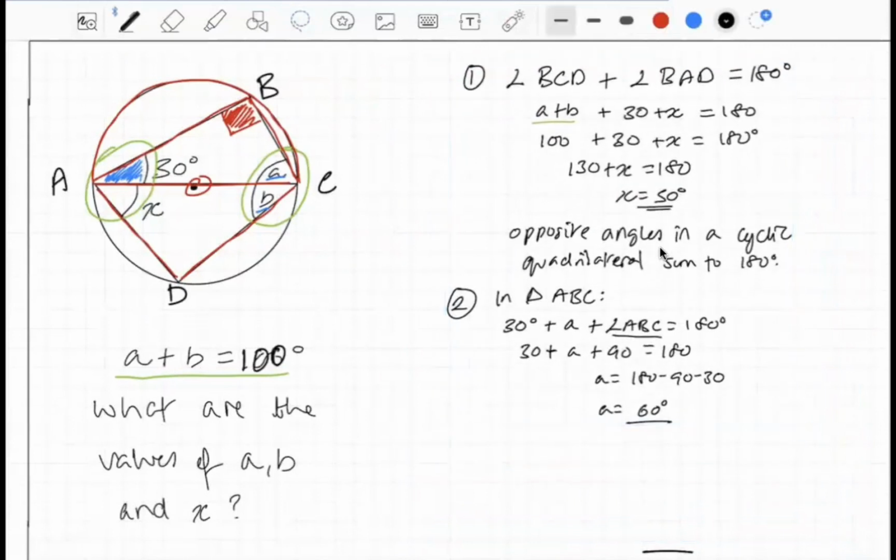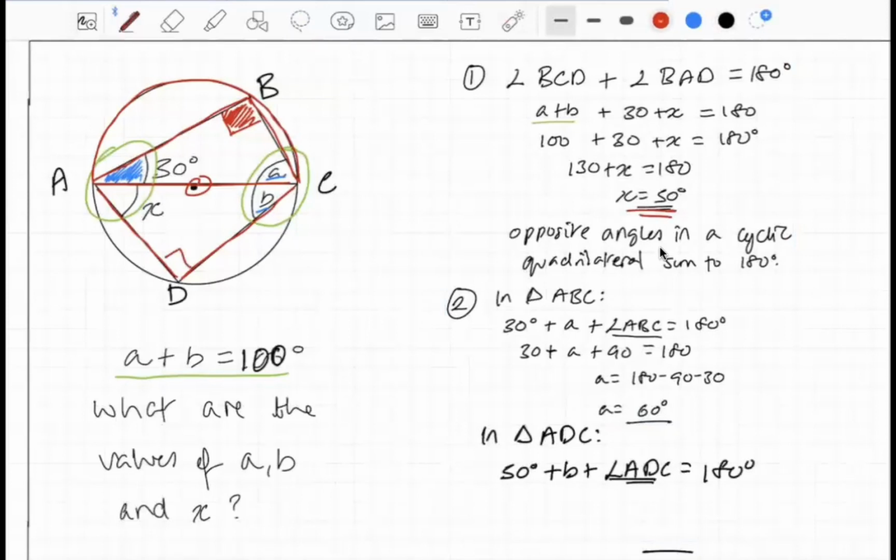Now if we look at triangle ADC, we know that x in ADC is 50 degrees from up here. So x is going to be 50 degrees plus b plus angle ADC is going to be 180. Now, angle ADC again is like ABC.